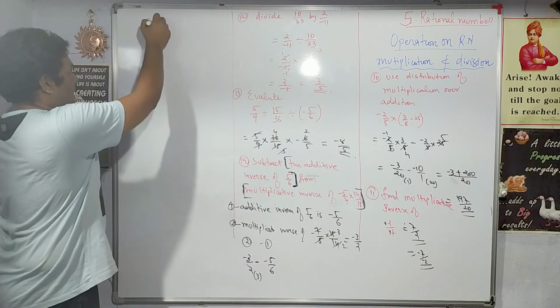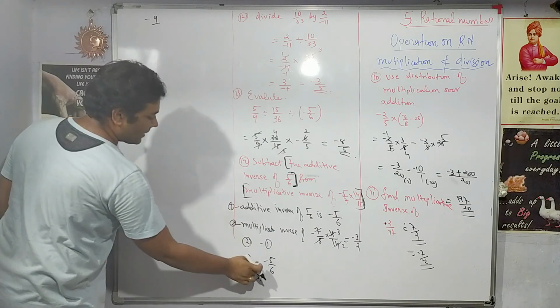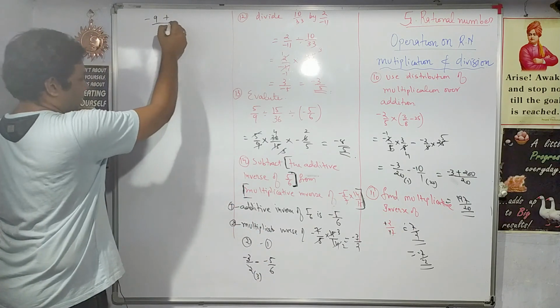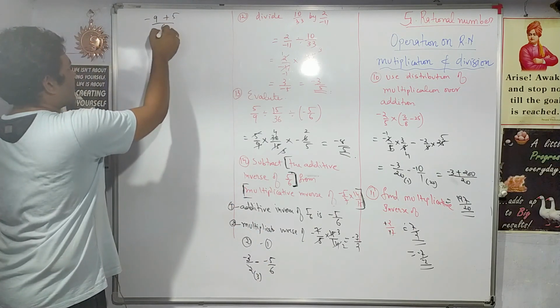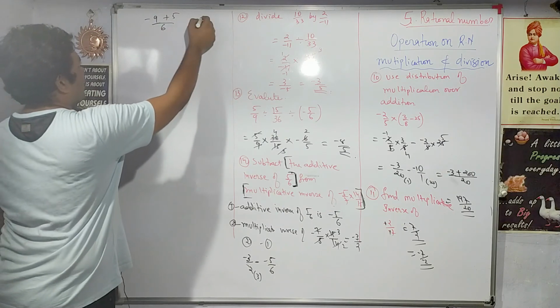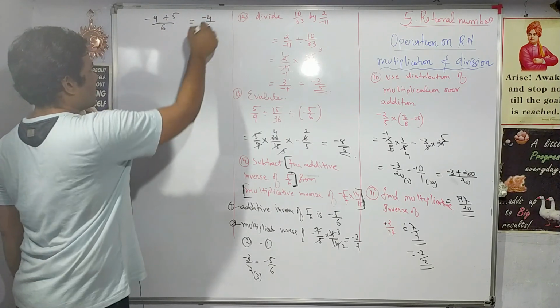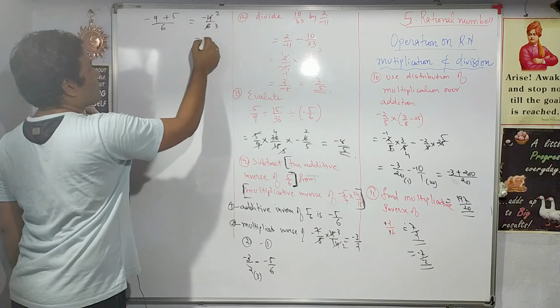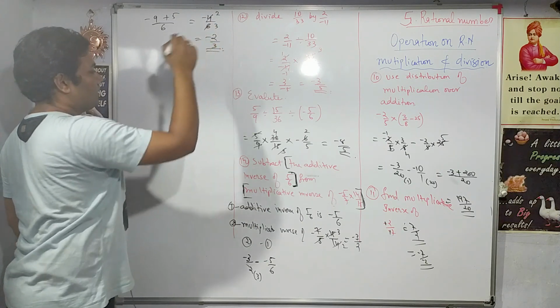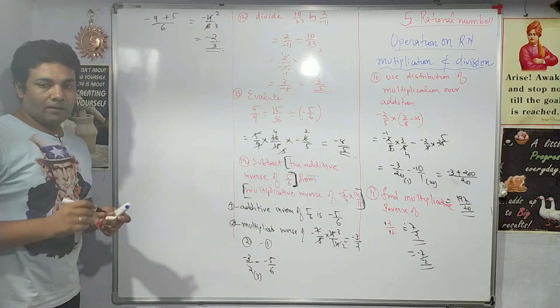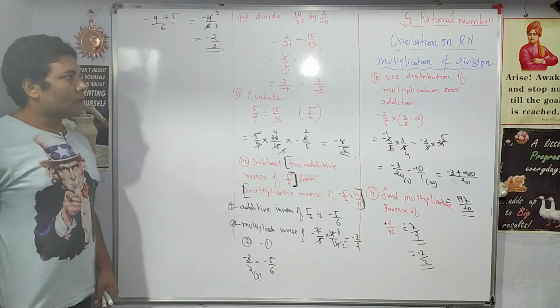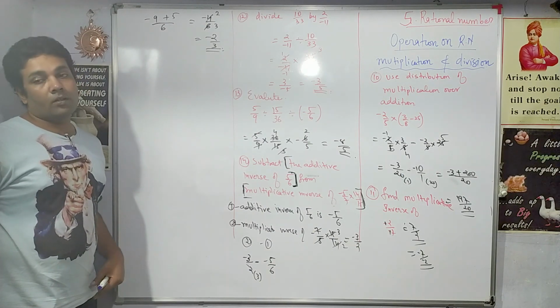So minus 9 upon 6 plus 5 upon 6. So this will be minus 4 upon 6. It can be further reduced to minus 2 upon 3. Easy? Yes, very easy. So that is about the multiplication and division of the rational numbers.